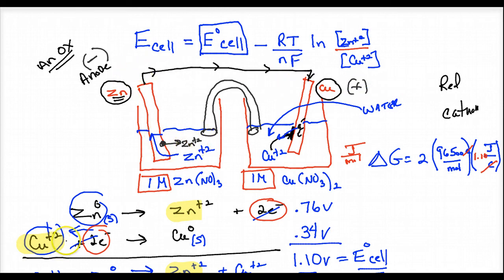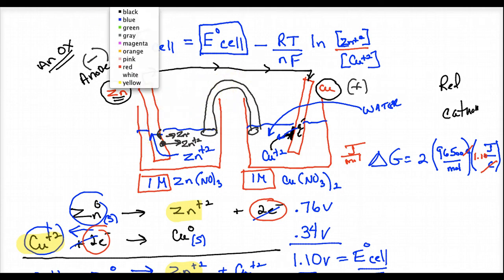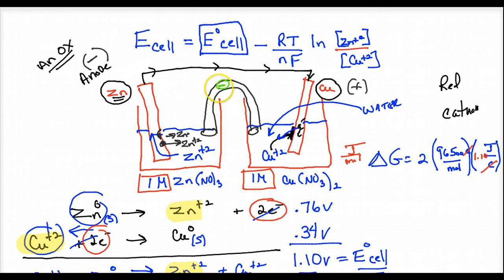But as solid zinc becomes zinc plus 2, this beaker is going to become positive. If the beaker becomes positive, electrons are not going to go away from a positive. So we have to have something in a salt bridge like, I don't know, negative ions from a salt to move down to counterbalance the increase of positive charge.